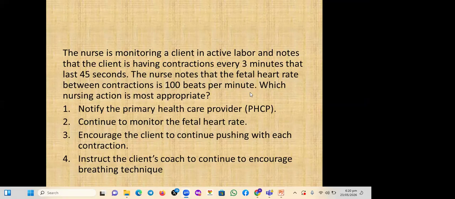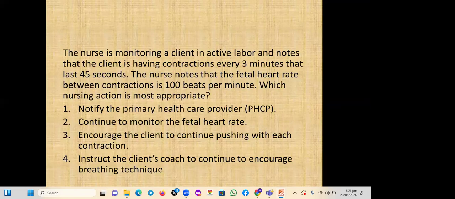Let's look at the other people. Pat, try to convince us as well. Pat: I was also thinking that a fetal heart rate of 100 beats per minute is bradycardia. So I have to inform the healthcare provider because it's supposed to be 110 to 160. That is why I chose 1.